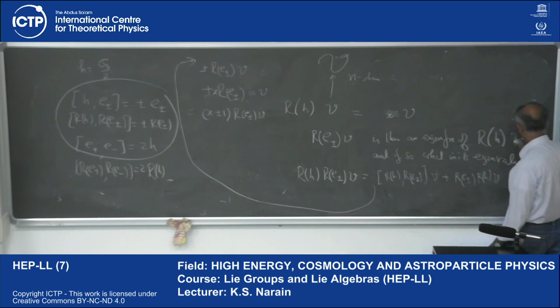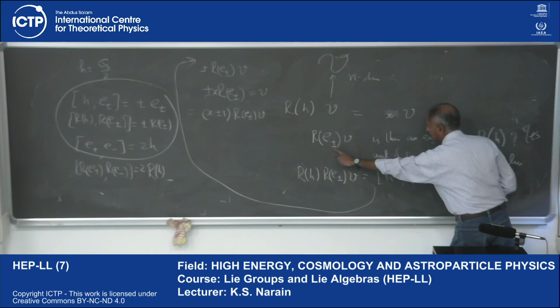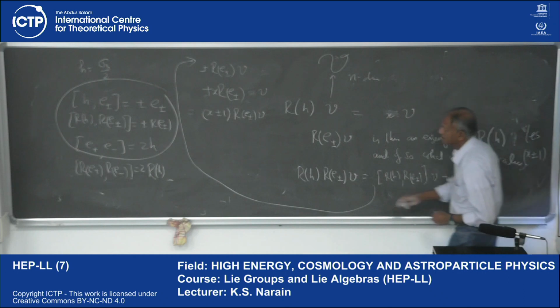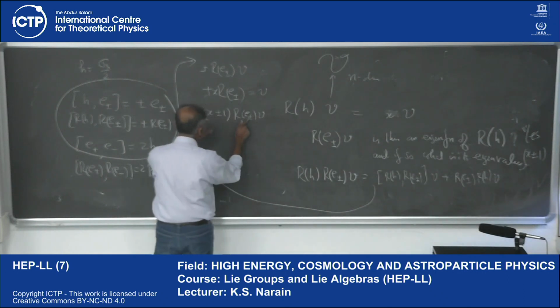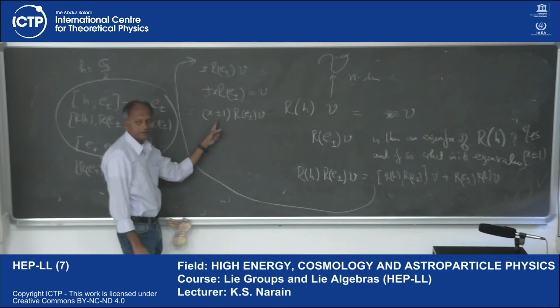Both RE plus acting on B and RE minus acting on B are eigenfunctions of RH. That's the first thing. And second, the eigenvalues are x plus minus 1. These are eigenvectors. For the RE plus, the eigenvalue is x plus 1, and for the RE minus acting on B, eigenvalue is x minus 1.